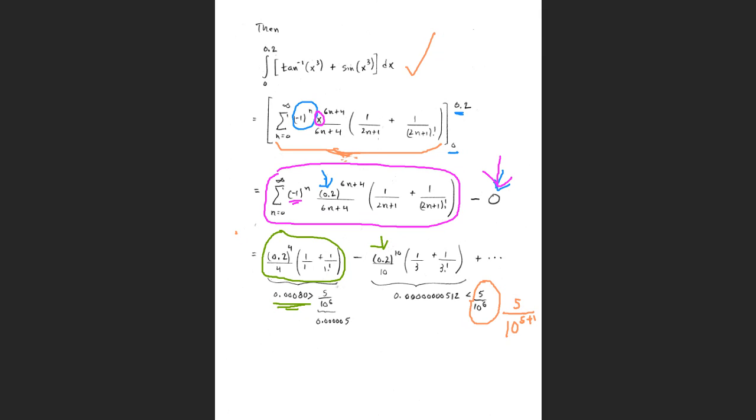All right. So in summary then, by the alternating series estimation theorem, and again, we could use it because our series was an alternating series, the definite integral is approximately equal to 0.00080, or 8/10,000ths.